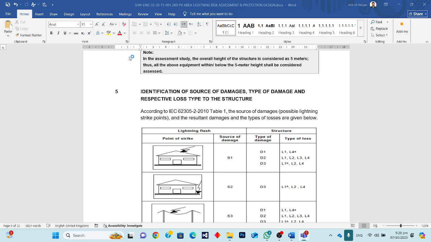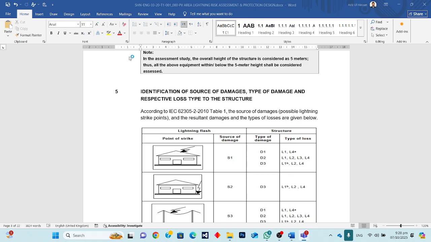A quick one. For the 5 meter height, have you also taken into consideration the terrain of the land? Because at times, if the land is not flat, you might have higher areas. Yes, yes, because there may be chances that we have to consider the total height from the ground level.